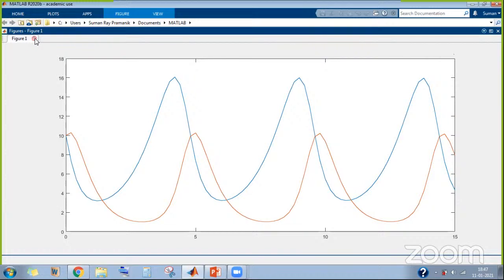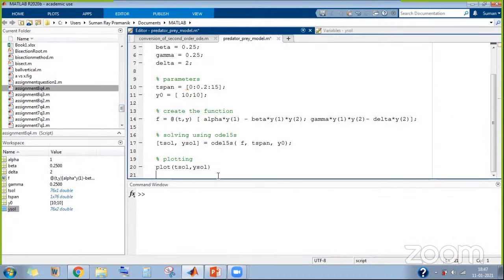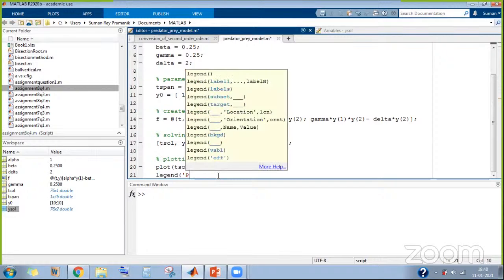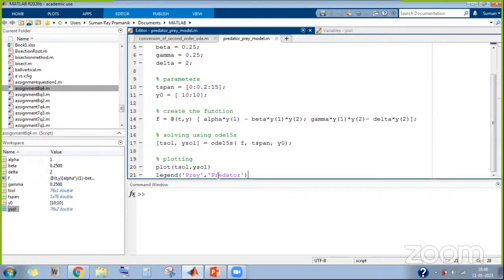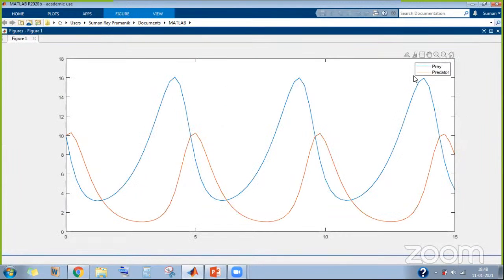So let's make a legend. The blue line indicates the normalized population for prey, and the red line indicates the normalized population for the predator.